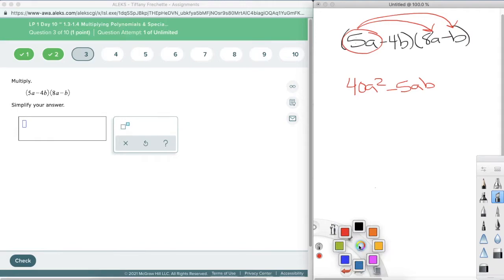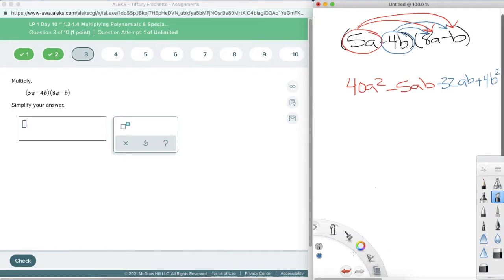All right, we'll do blue because I'm trying to do completely different colors here. So negative 4B, let's multiply by the first one here. So negative 4 times 8 gives us negative 32, and AB, AB. And then we have negative 4B times negative B, so that's positive 4. 2 negatives make a positive. B times B is B squared.